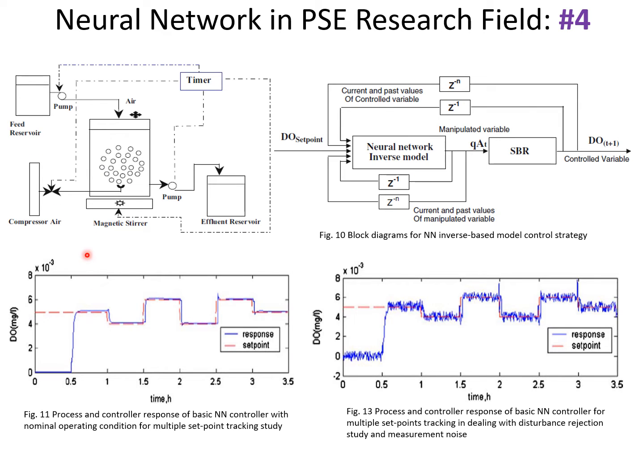And again, this is the system, the SBR. We are manipulating the airflow rate to control the DO, dissolved oxygen, within the SBR itself. Also a very highly nonlinear system when you model it. Very complex system because it involves a biological system.